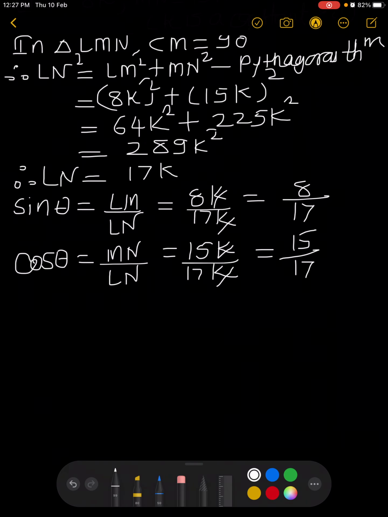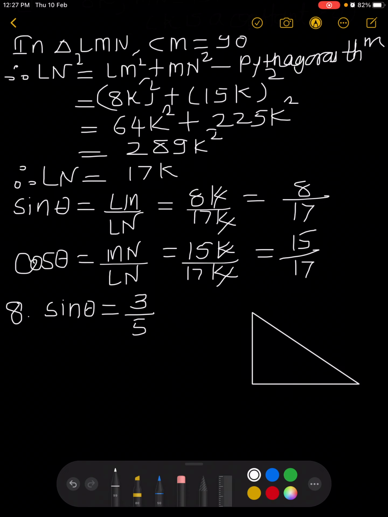Example number 8, everyone. Sin theta is given as 3 upon 5, and we have to find cos theta and tan theta. Let us obtain cos theta and tan theta by making a right angle triangle XYZ. Angle Y is the right angle, angle Z is theta in measure. What do you mean by sin theta?